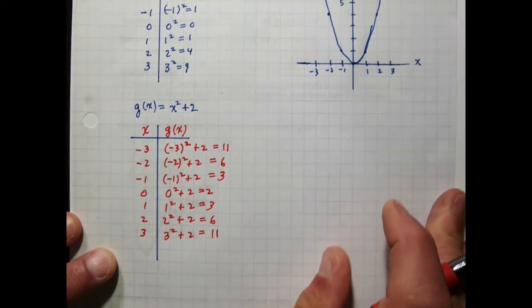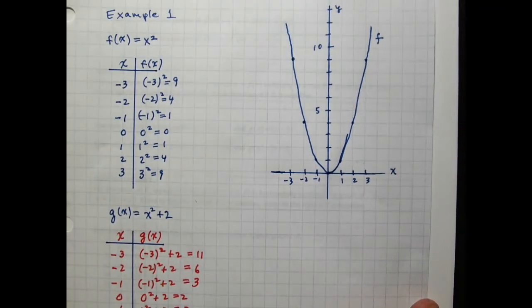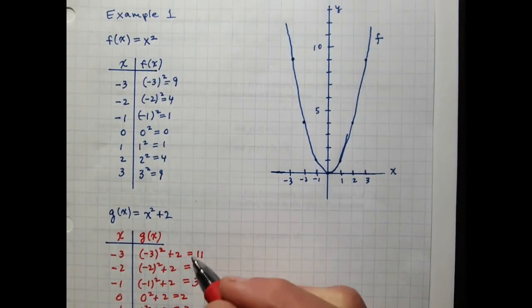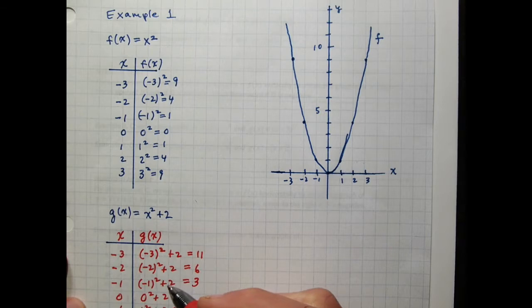So now I'm going to go back to my graph grid here, and I'll plot the points for g in red.